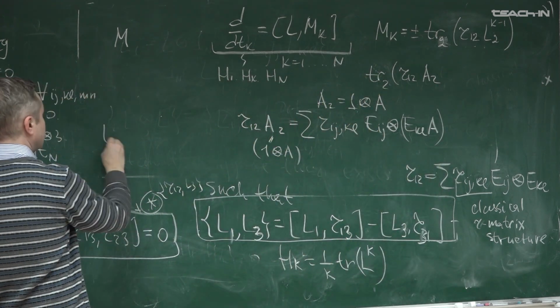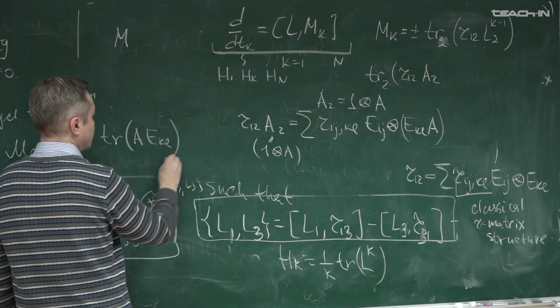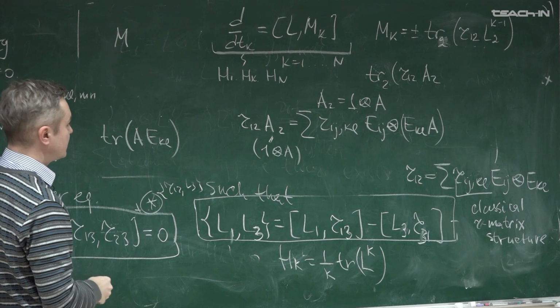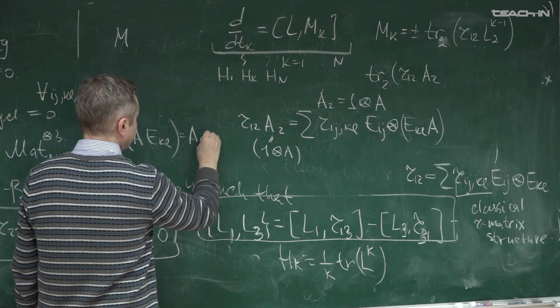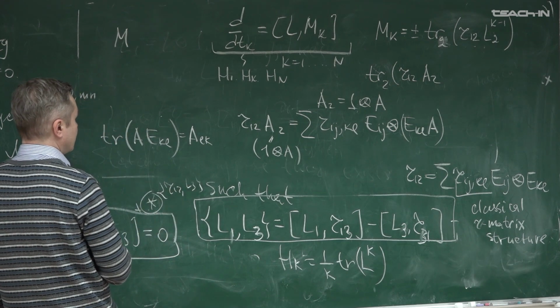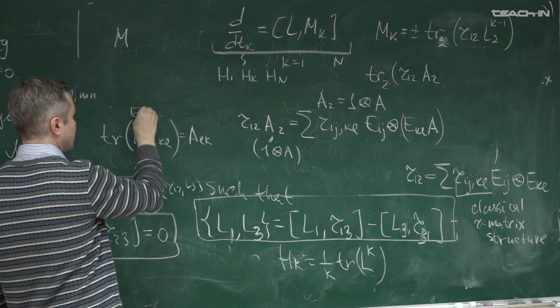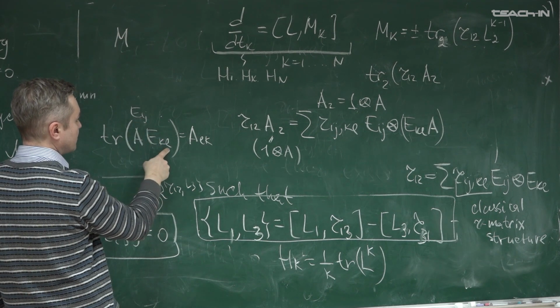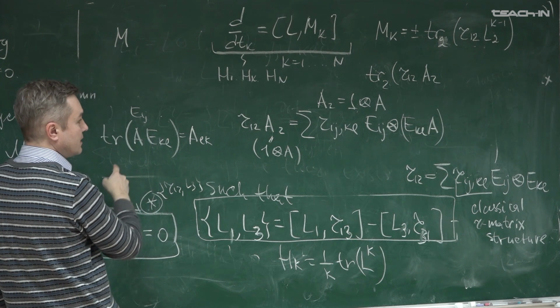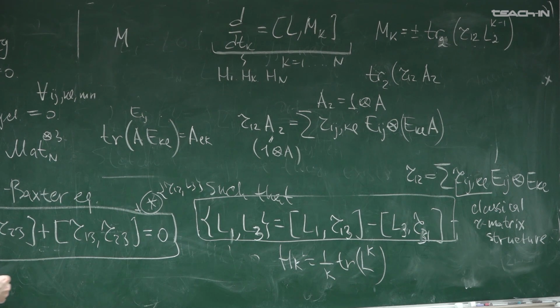And when you compute a trace of some matrix with any matrix unit, with element from basis, it is of course equal to ALK. Because if you put here all possible Eij, then J should be equal to K and I should be equal to L in order not to obtain 0. Yes? Is it clear?